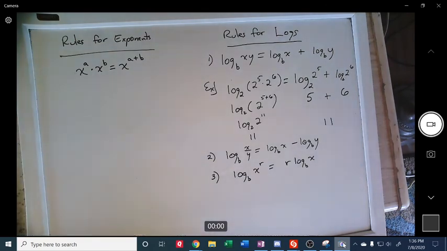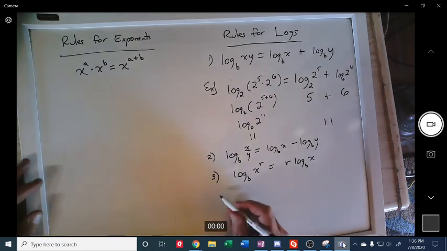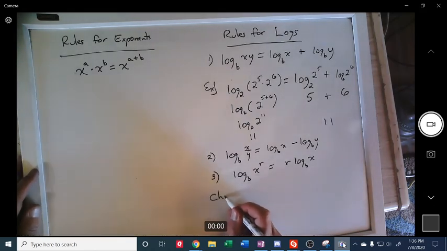And there's one other rule for logarithms, but it doesn't have a number. It's so important it has a name. Does anybody remember the name of the last rule for logarithms? The change of base. Change of base.